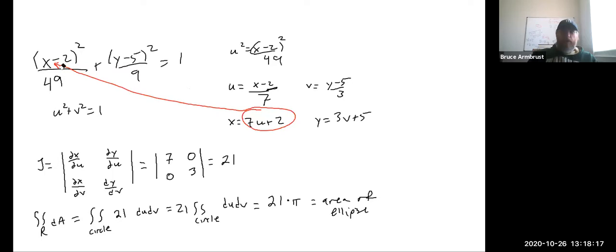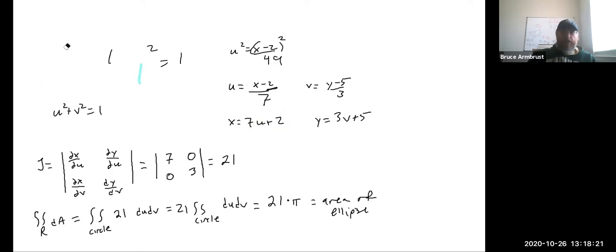So here's what I'm going to do. Let's make this generic. So we'll have good old x minus h squared over a squared plus y minus k squared over b squared equals 1. So I'm not specifying the center, and I'm not specifying the sizes.